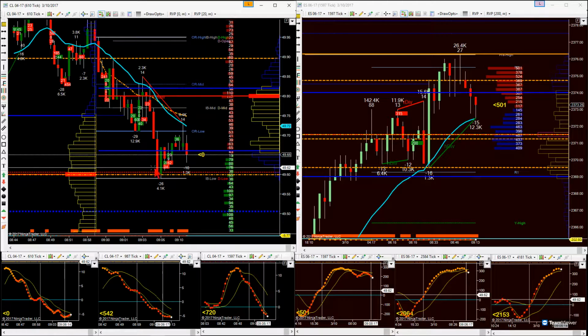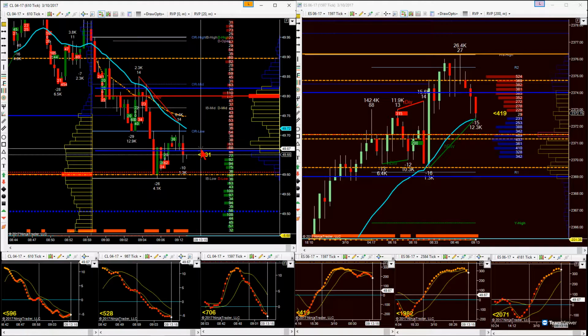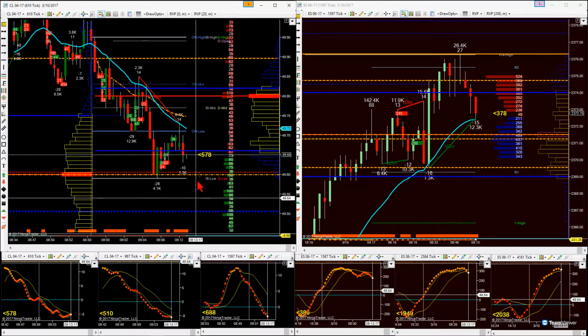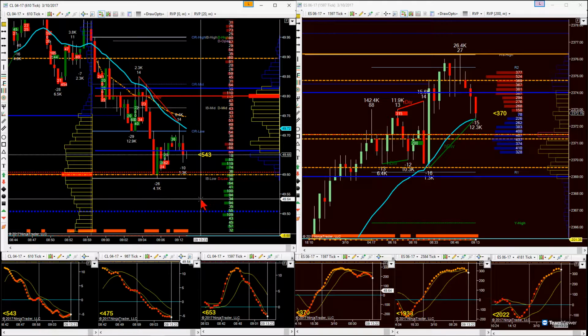All right, so no positive divergence. We have some on the 610, but none on the 987, none on the 1597. So still nothing to tell us that we're going to be holding this low. It looks like we're going to be pushing through this low here.